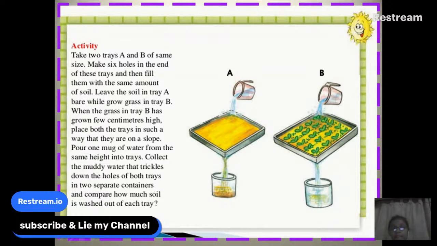So this is what we mean by the conservation of soil resources. This is what mulching is. These are contour barriers, rock dams, terrace farming, intercropping, shelter belts, and contour plowing. This is an example of degradation of soil and conservation methods.